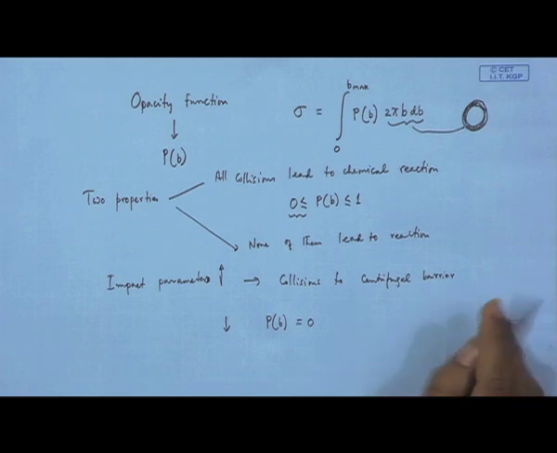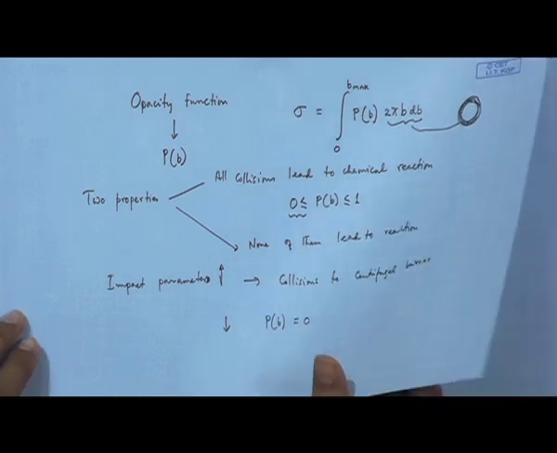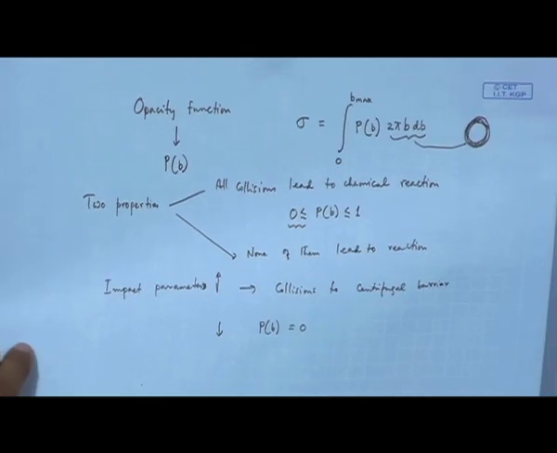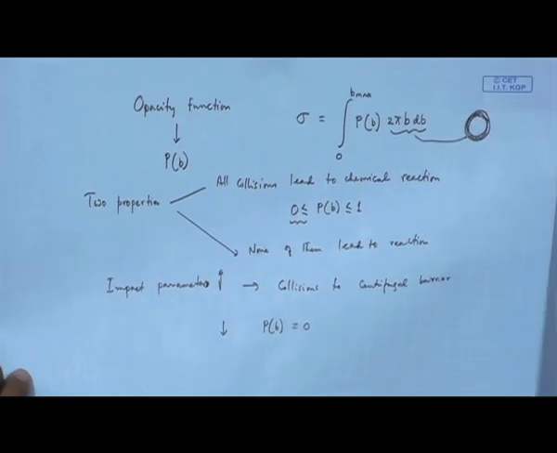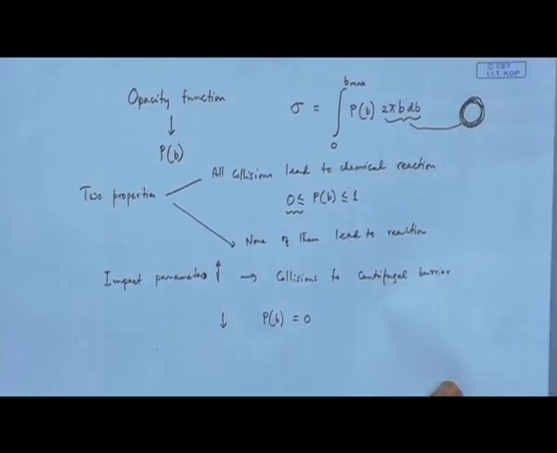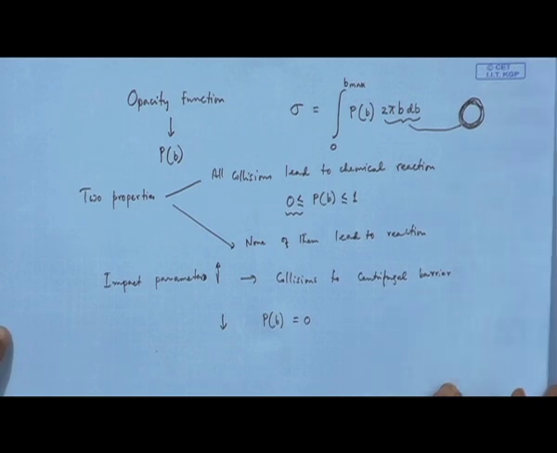That corresponds to a high value of b. So, in terms of the opacity function P(b), what can we write? If the impact parameter b is high, it is a measure of closeness.